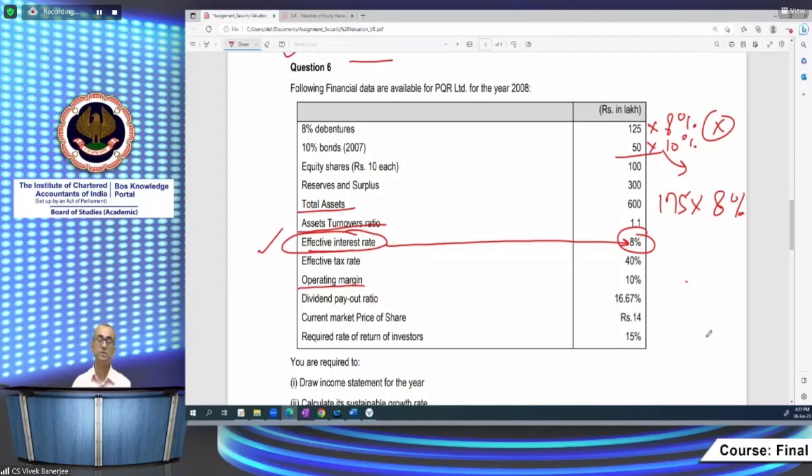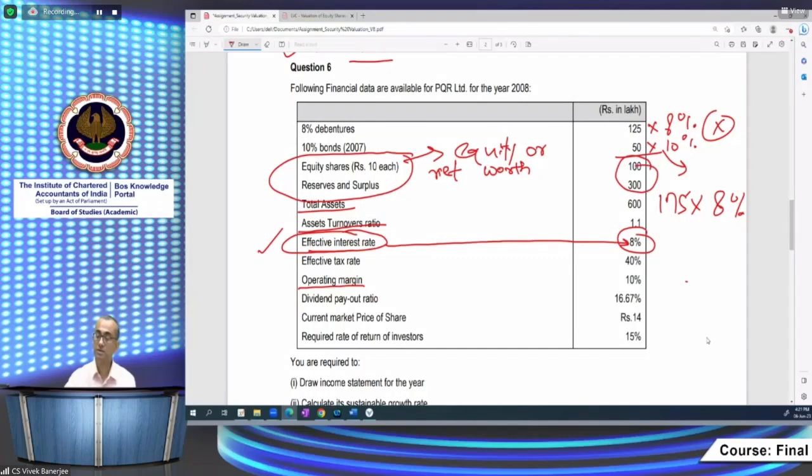Profit is given, but net worth means equity share capital plus reserves and surplus. This figure is the equity or net worth, equity shares plus reserves and surplus. So this is actually 100 plus 300. The 400 is the net worth or equity.